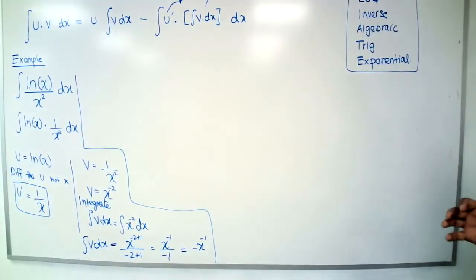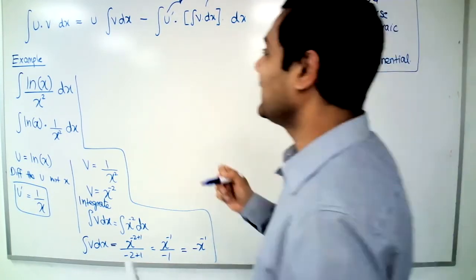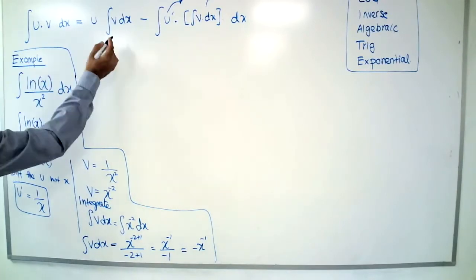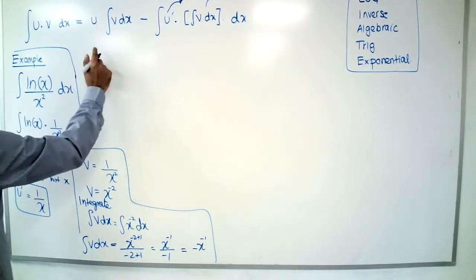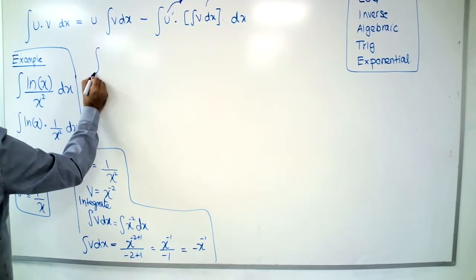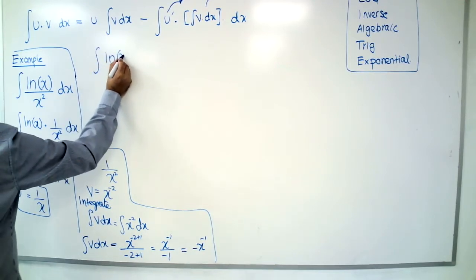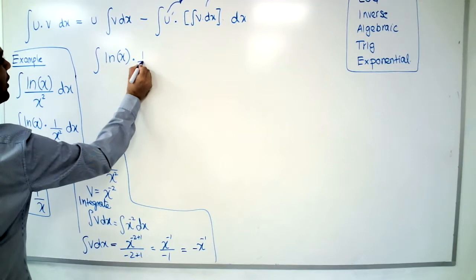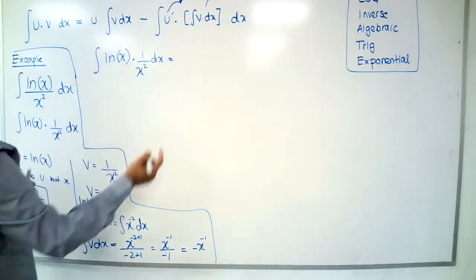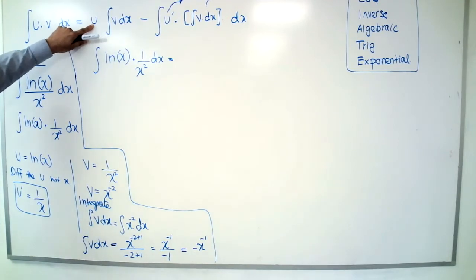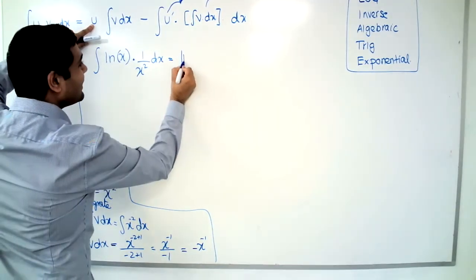Okay, so now I've got everything. I would put this in here. So I got u and v. Let's write it down: ln of x times 1 over x squared dx. What is u? u is ln x.